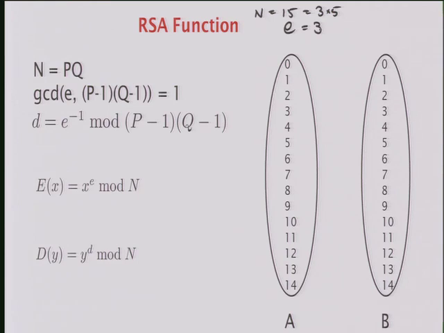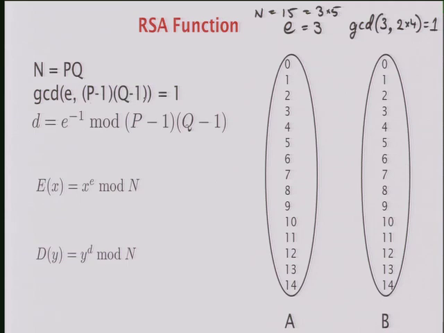So we picked some number such that GCD of 3, so this was E, and 2 times 4 is 1. Where did I get 2 times 4 from? It was 3 minus 1 times 5 minus 1, P minus 1 times Q minus 1. Okay? So I'm just showing you what the recipe was. How did we get there?